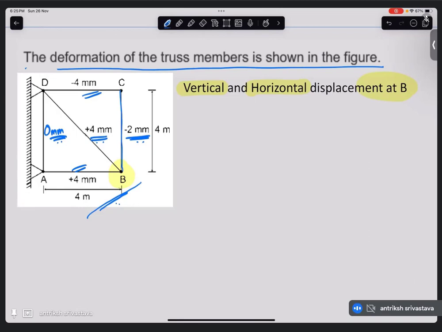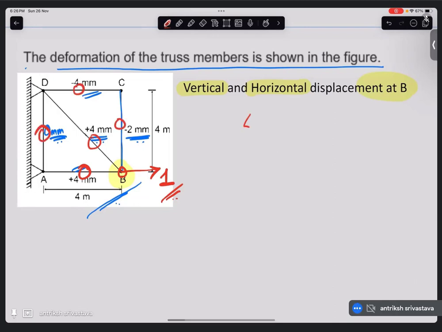Do you remember one important concept: if you are given the contraction and elongation of all the members in the truss, and you want to find the final movement of any joint, let's say B, in the horizontal direction, you apply a unit load in the horizontal direction, or whatever direction you require, and calculate the force developed due to this unit load in all these members.